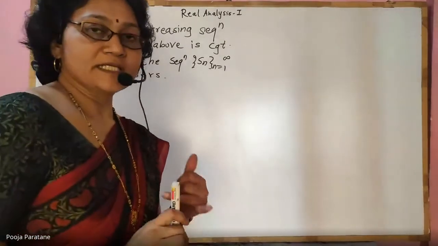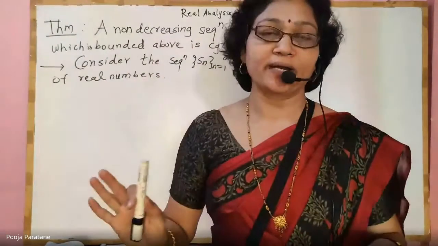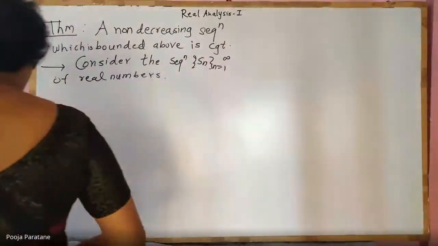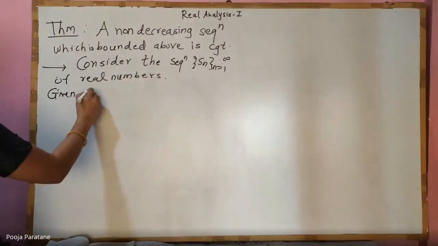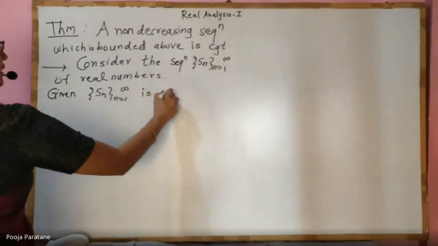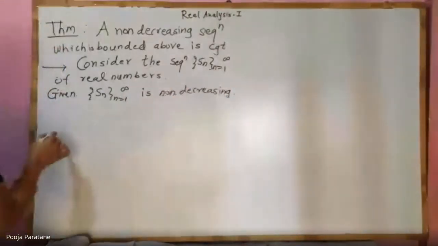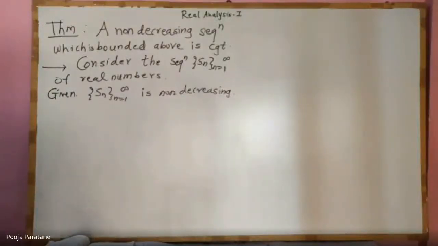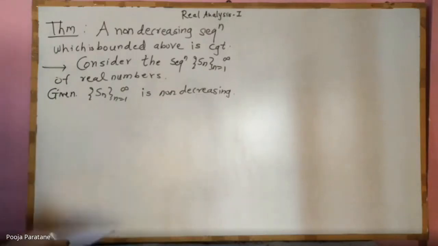What is given to you? The sequence is non-decreasing as well as bounded above, meaning it is bounded. So what is given? Let us write down. Given: the sequence Sn is non-decreasing and also bounded above. First we will use that it is non-decreasing.